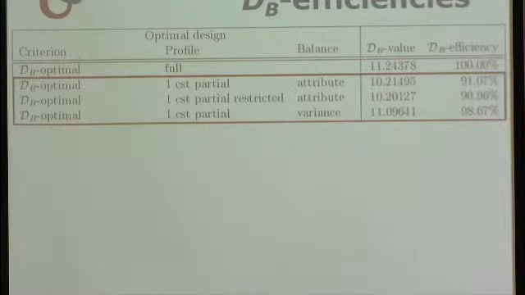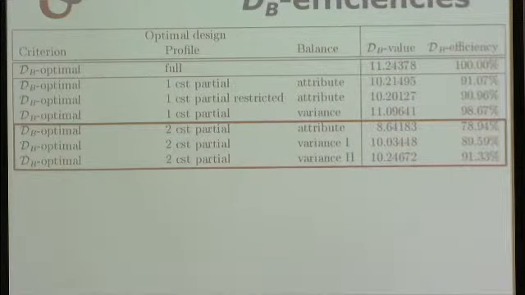Now, if we have one constant attribute in every choice set, then the informational content as measured by the D criterion value drops. And you can see that it drops more if we use the attribute balance approach than if we use the variance balance approach. It seems that if you have to decide on what attributes to hold constant, the variance balance approach here does substantially better than the attribute balance approach.